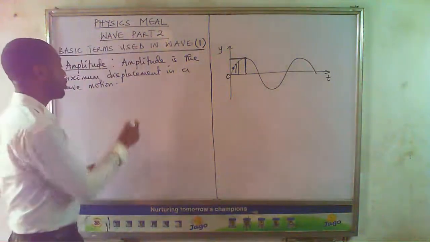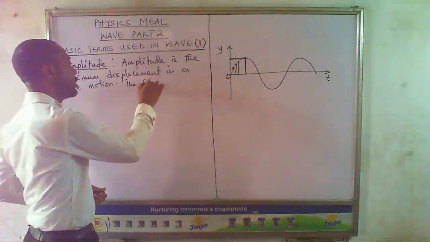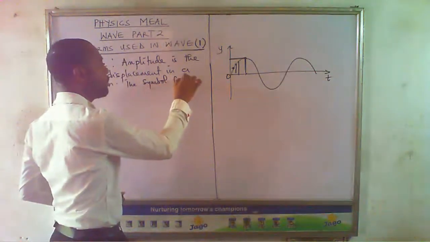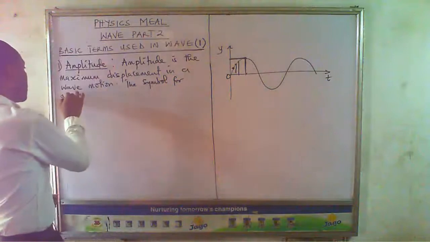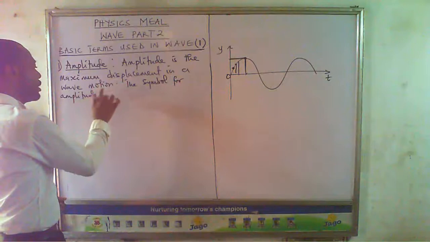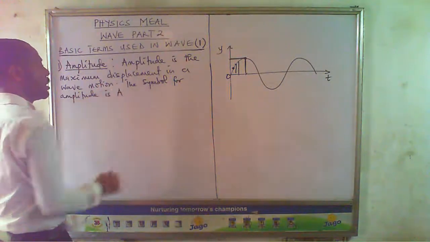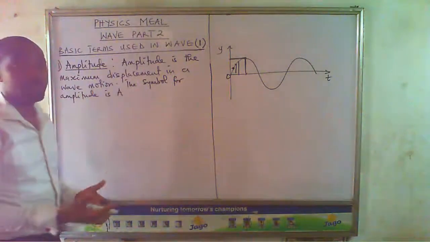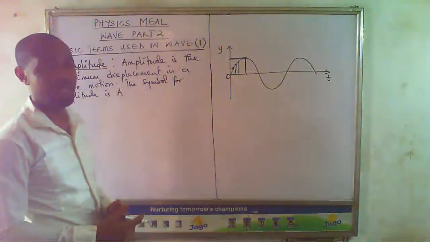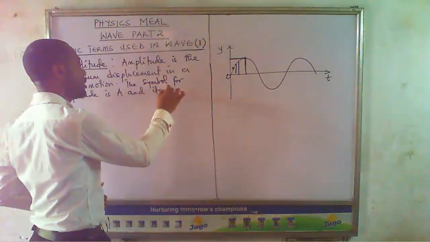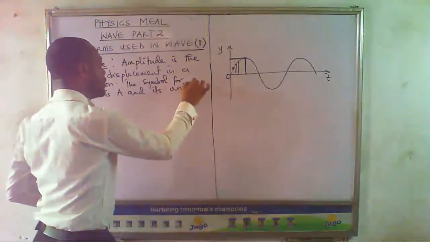The symbol for amplitude is A. And because amplitude is displacement, and we know displacement is measured in meters, its unit is meters.